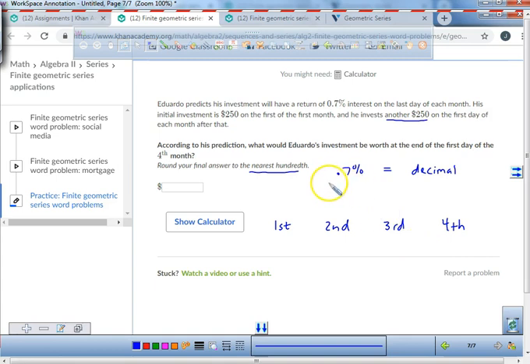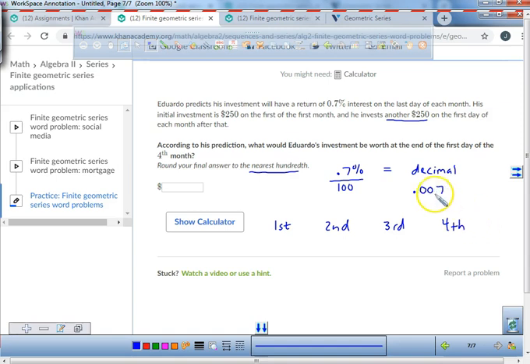So the first thing I'm going to do is divide this right here by 100. So we're going to take 0.7 divided by 100. What's going to happen is that decimal place is going to move over to the left. So that decimal should be 0.007.